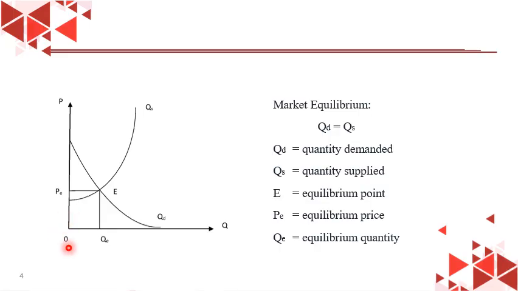So as I said before, the important thing about having this point is that the producer should produce the quantity of the production minimum at QE, yeah, so that it can give a profit to the company.